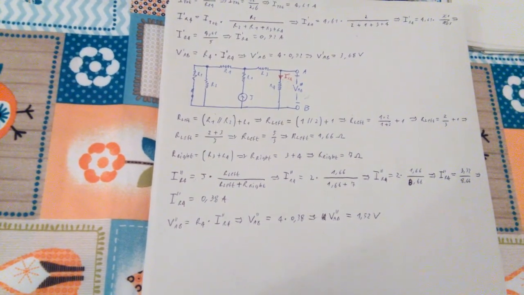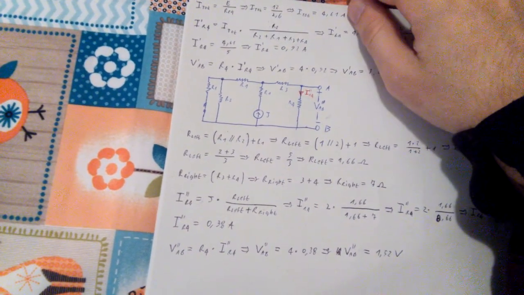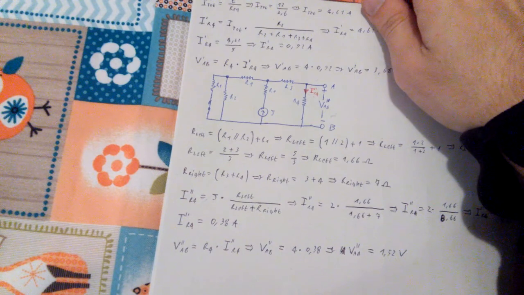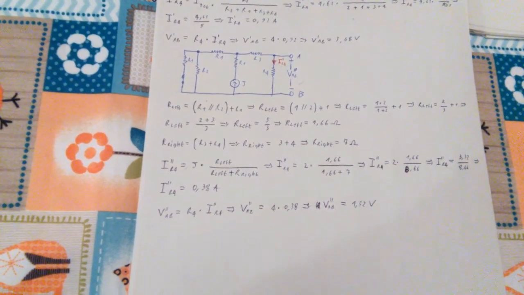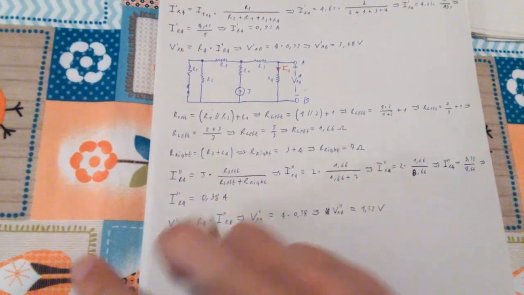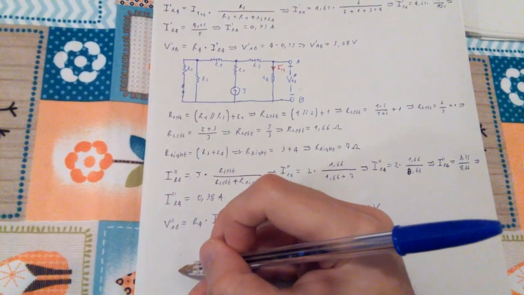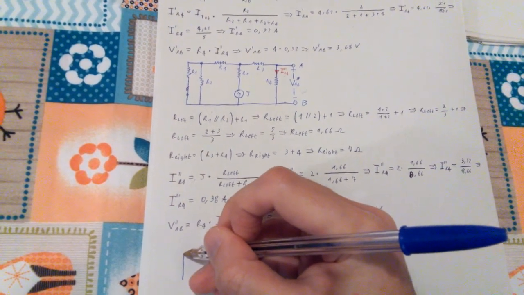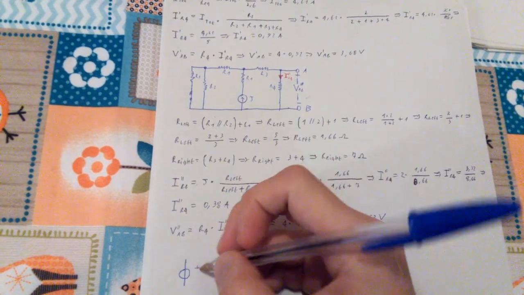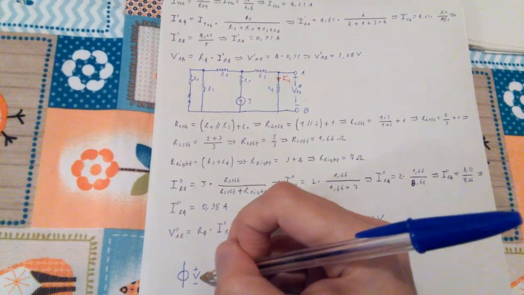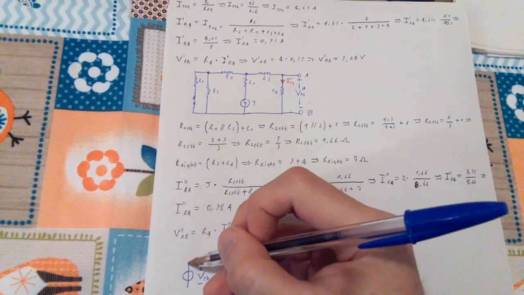Now I can finally draw the equivalent circuit of Thevenin, which the problem was asking me to find. The equivalent circuit of Thevenin will just be the following one. We will have a big fat plus and a big fat minus here, VTH, the equivalent voltage.